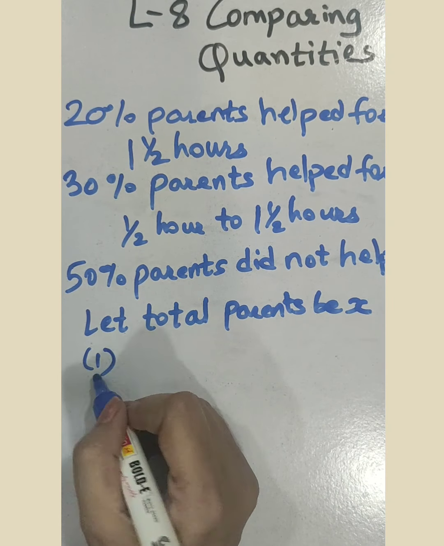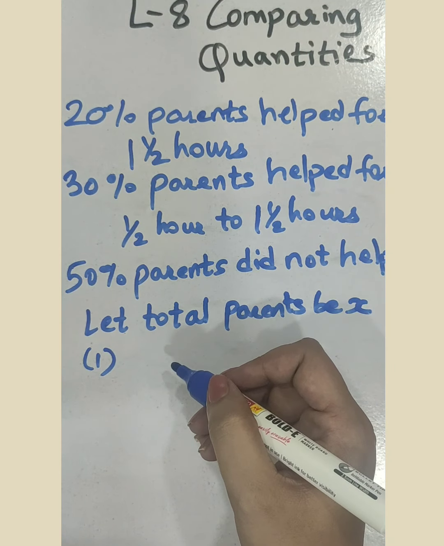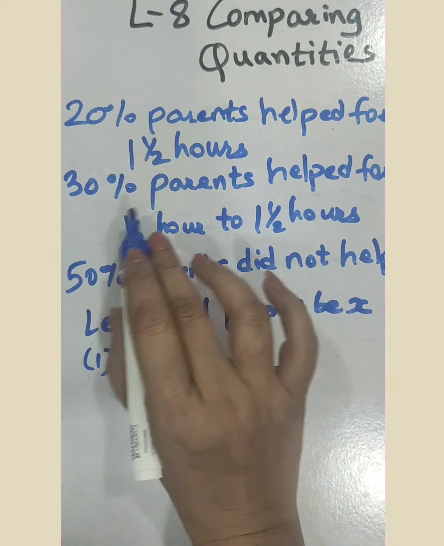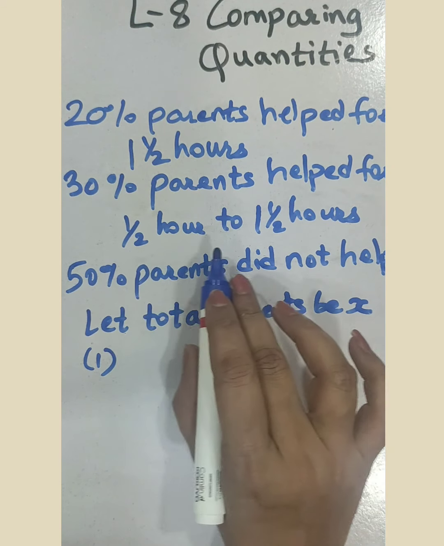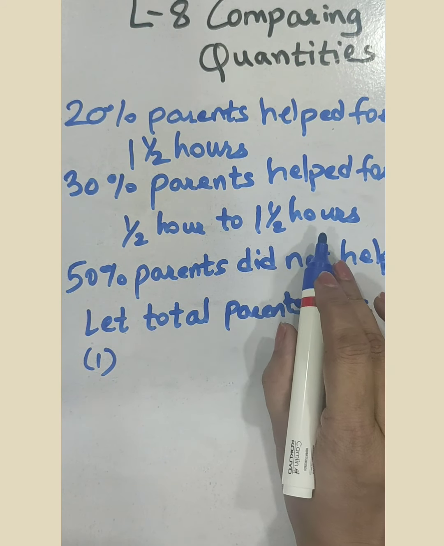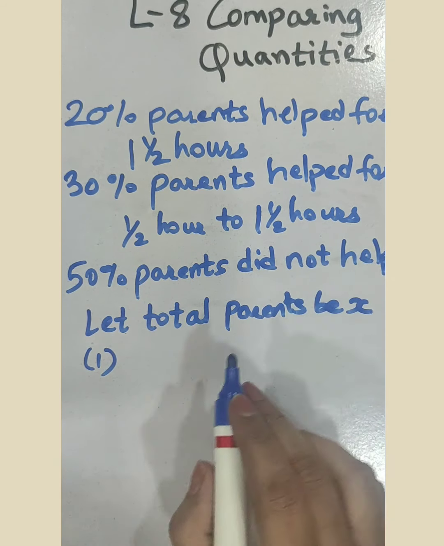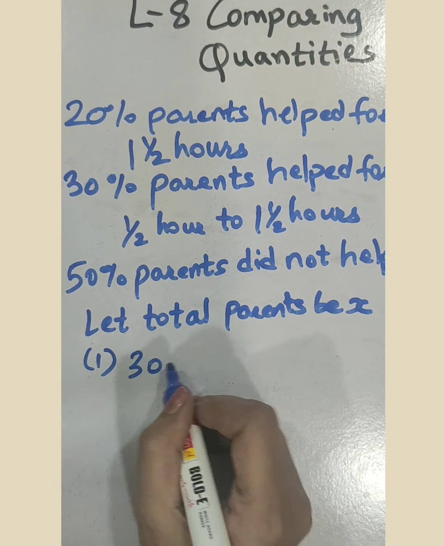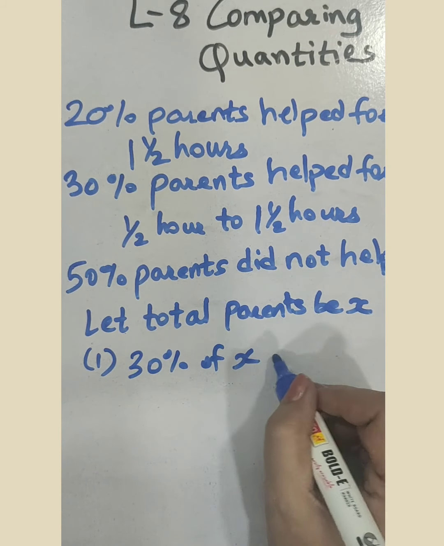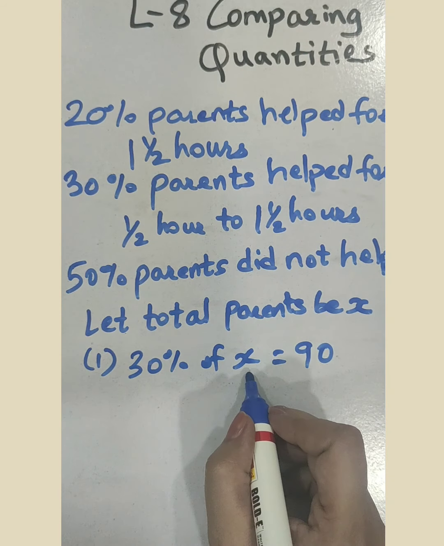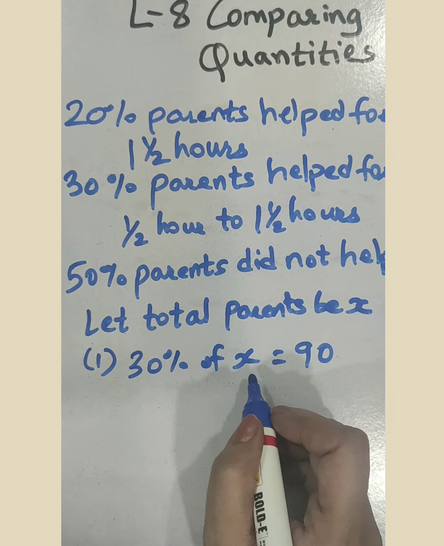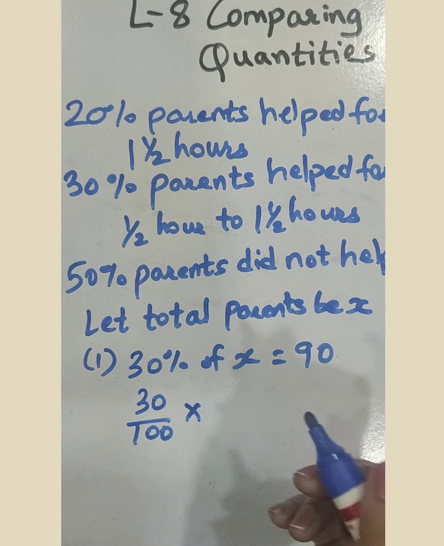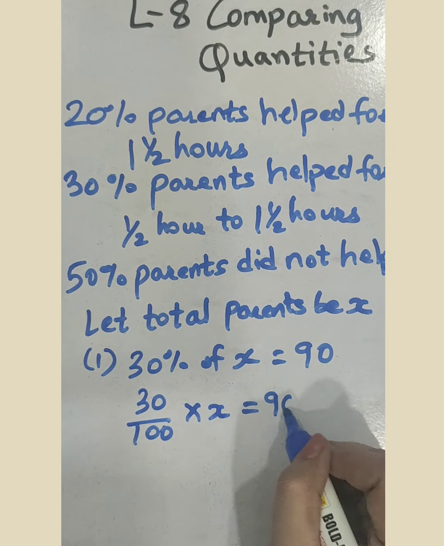Then for my first question, the detail given to me is that 30% of the parents help for half hour to 1.5 hours. So if 30% of this is 90, then I can write 30% of x is equal to 90, where x is the total parents. So if I want to find the value of x, 30% I can write as 30 upon 100, of, I can write as multiply, x is equal to 90.